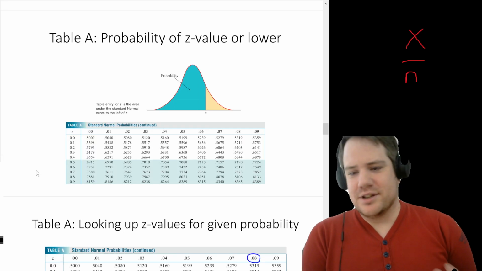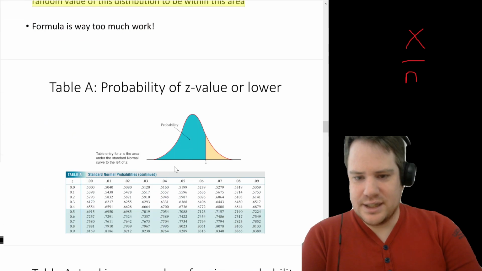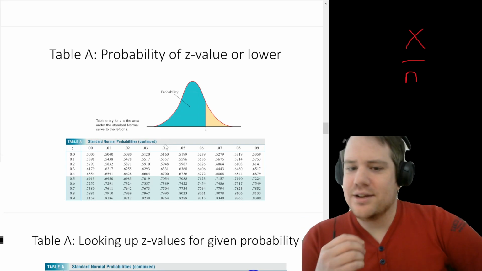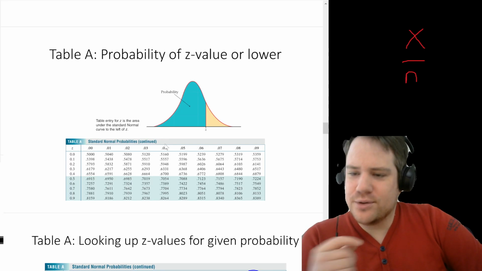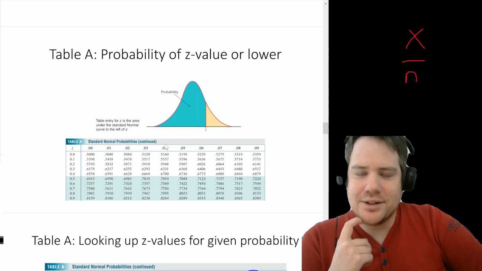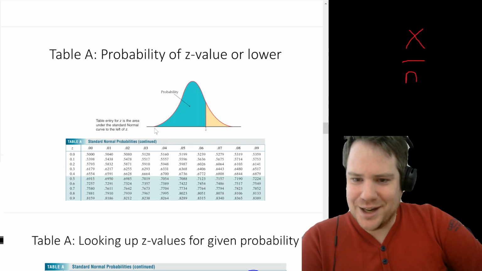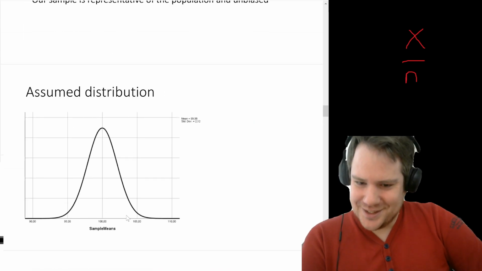What the table has basically done, in this case table A, is that the entire table ranges from minus 3.49 to plus 3.49, which essentially means there are 700 different points in this normal distribution.